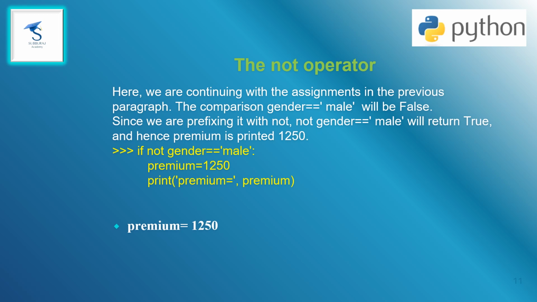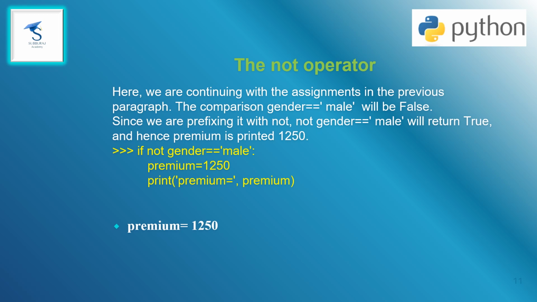The comparison gender equal to male will be false, since we are prefixing it with not. Look here: if not gender equal to male. In the previous slide, the gender was female. So this will become true. So premium is 1250.